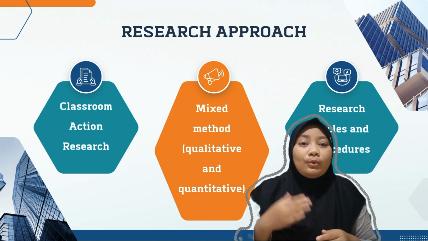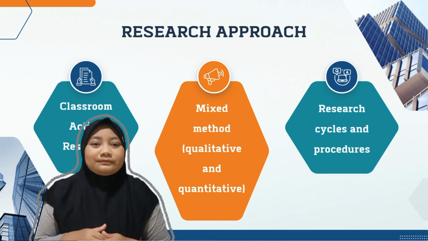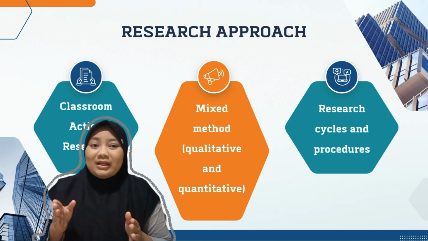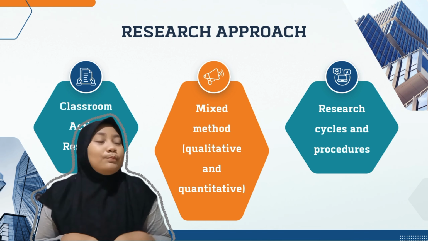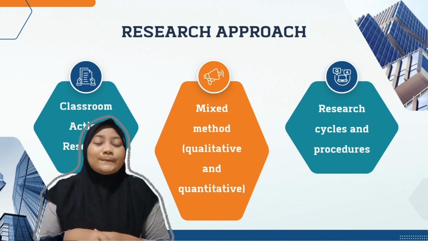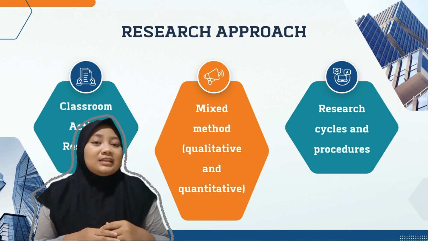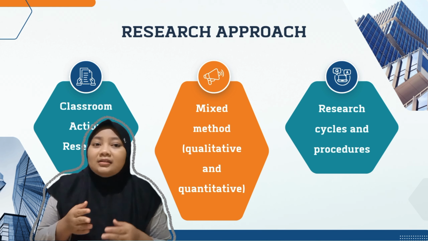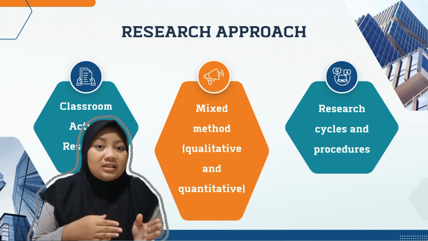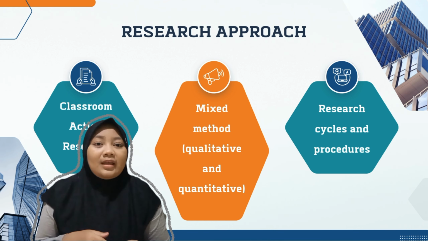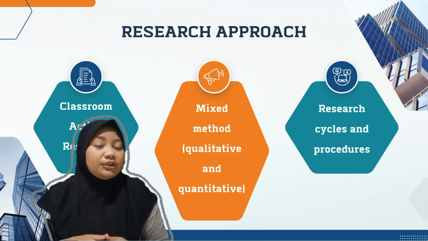Mixed methods or qualitative and quantitative combines qualitative and quantitative data collection methods to provide a comprehensive view of the research topic. Last is research cycles and procedures details the systematic steps taken throughout the research process, ensuring a structured approach to inquiry.